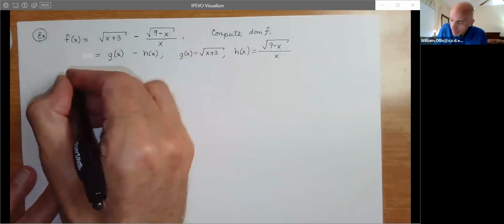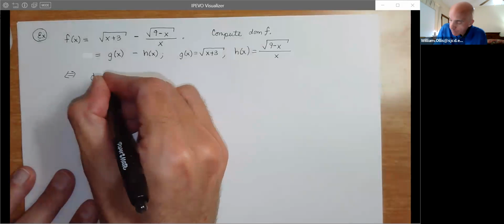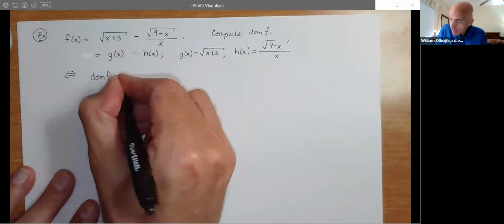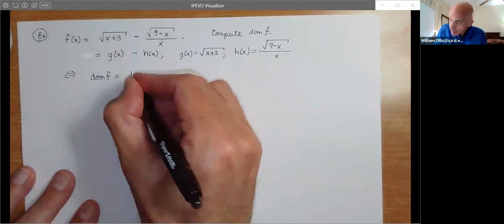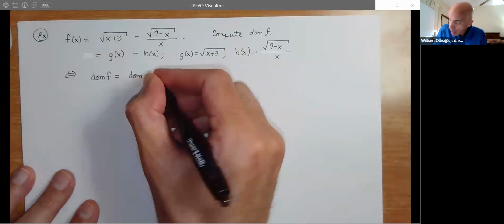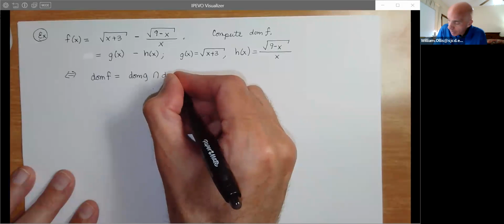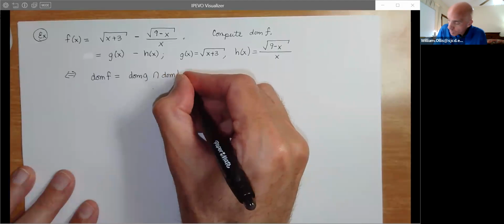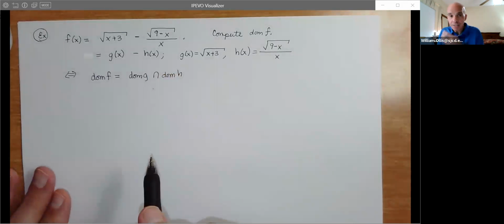So equivalently, the domain of f will now be the common domain, the domain of G intersect the domain of H. And of course, when we do the domain of H, we'll have to make sure we don't divide by 0.